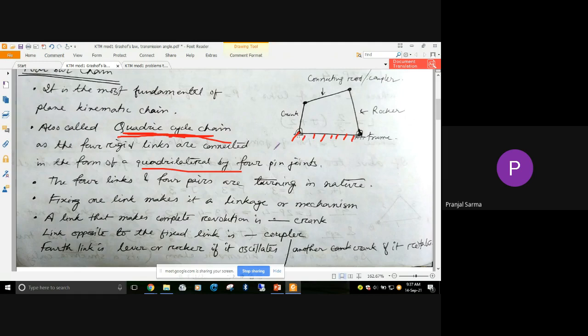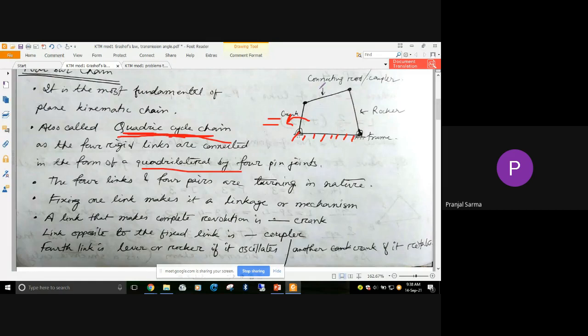Now in general, the link which can make a complete revolution we generally call a crank. And the rocker is the link which can rock about a particular point. That means it will have an oscillation kind of motion, but it will not make a complete revolution.